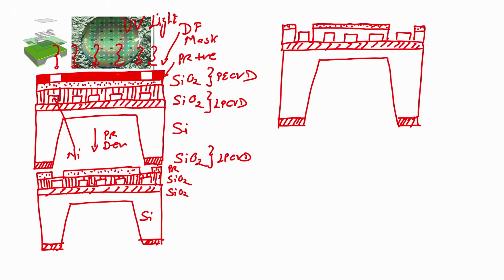You can very clearly see that silicon dioxide is etched from the contact pad of the heater, right. Silicon dioxide is etched from the contact pad of the heater.